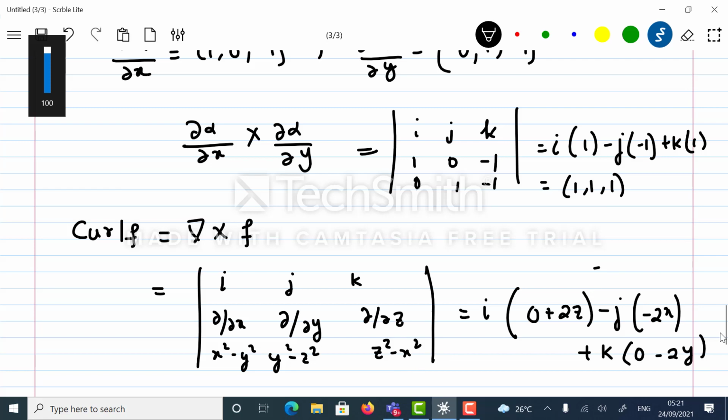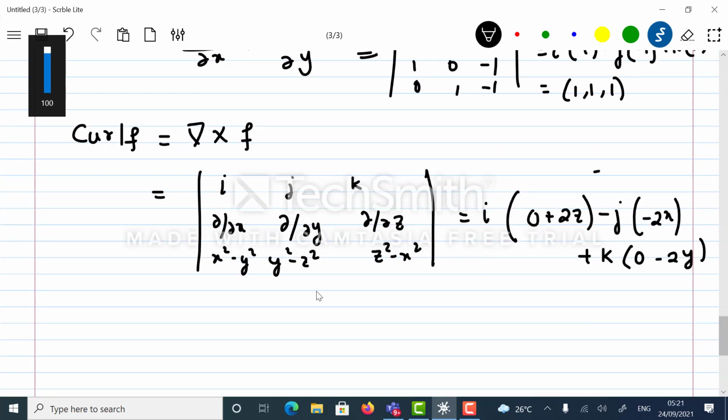So curl f is 2z, 2x, minus 2y. Okay, am I correct? Here it is minus minus plus, so it will be plus 2y.